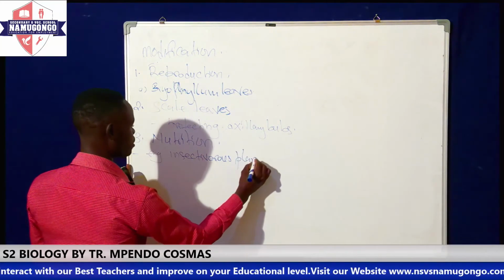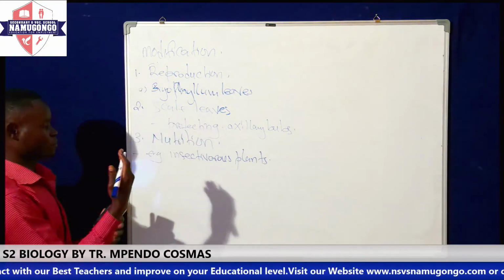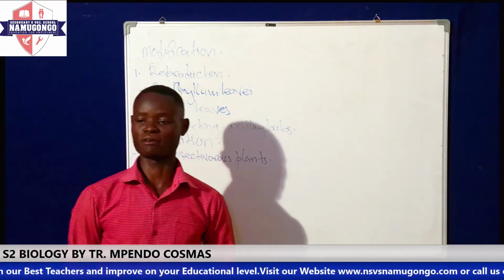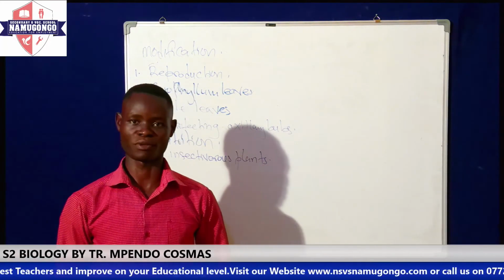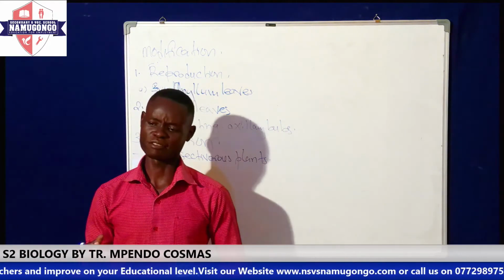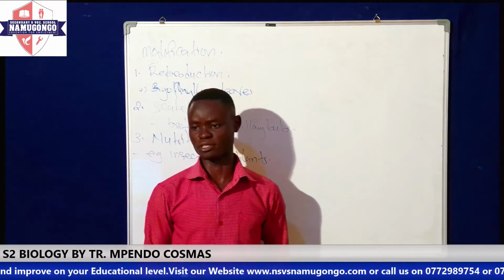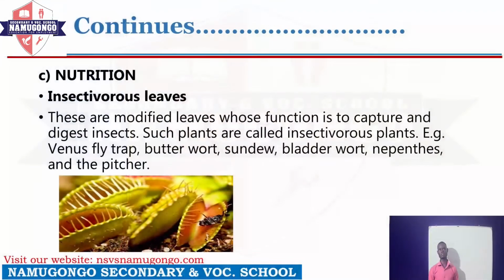Such types of leaves are found in plants which normally grow in nitrogen deficient soils. And nitrogen deficient soils are normally characterized by waterlogged conditions. So they are not the usual plant species that you find everywhere, because they are normally found in such areas.